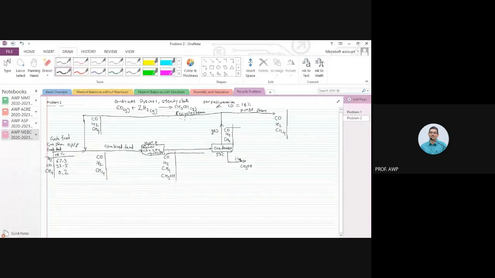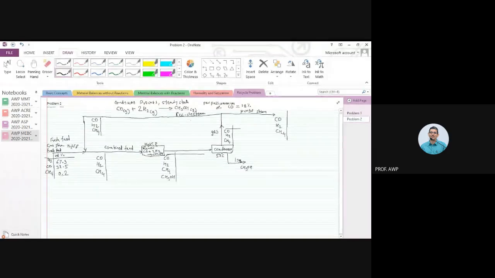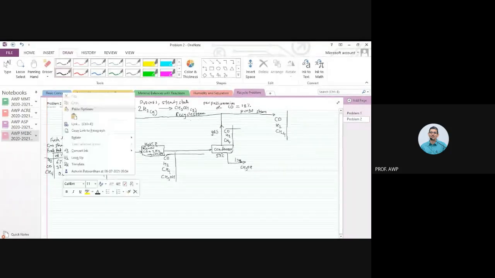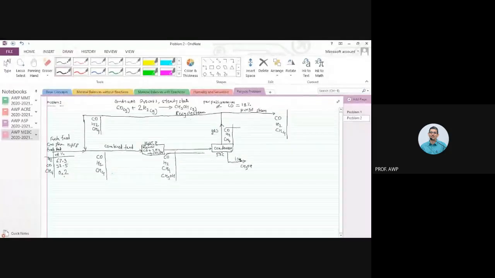Do you agree with that? Yes, sir. If I purge everything, there will be no recycle stream. If I purge very little, there will be a lot of recycle stream, and methane will keep on building up. Steady state methane concentration will be more than 0.2%, depending on how much I am purging and how much I am recycling.